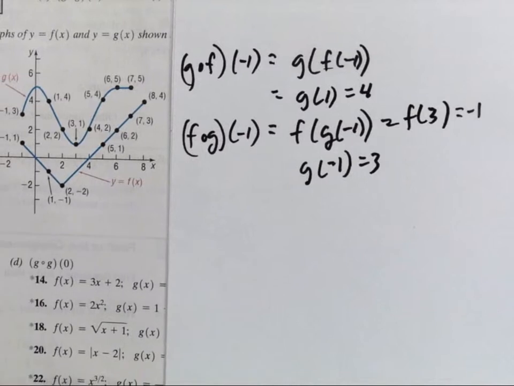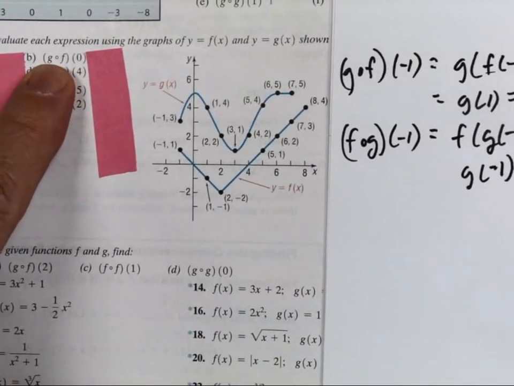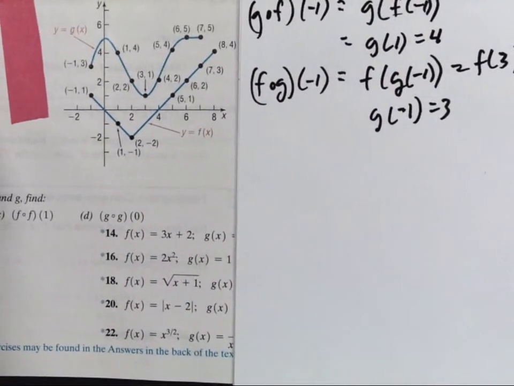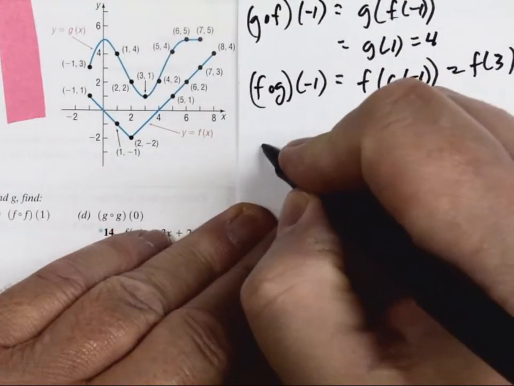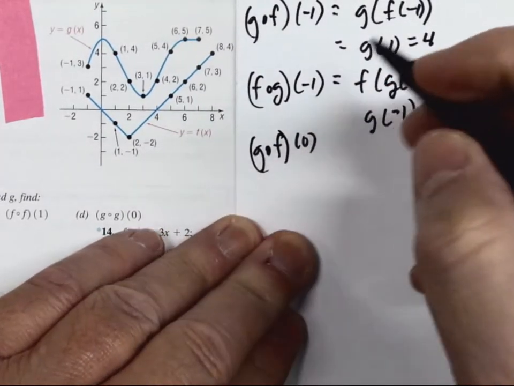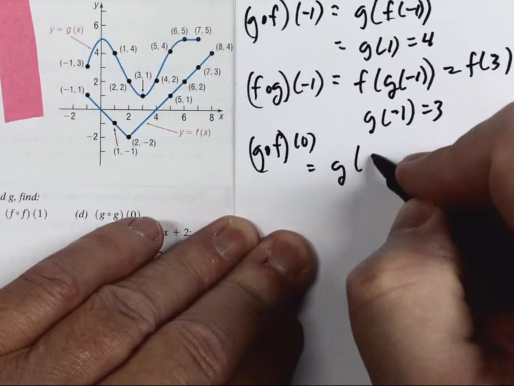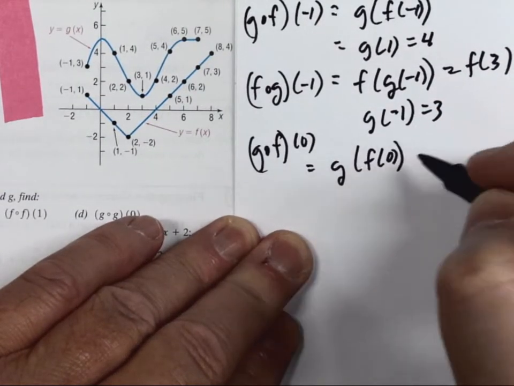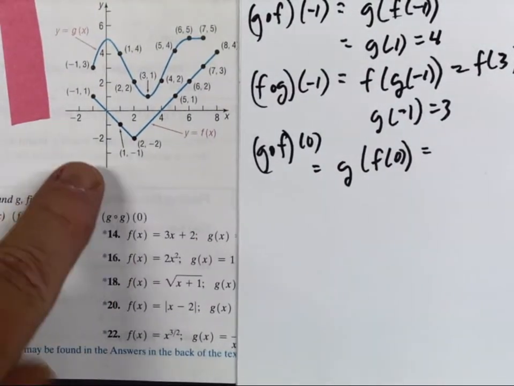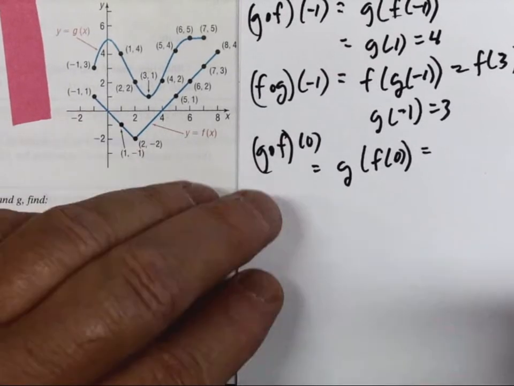Let's do this one, the one labeled B, g composite f of 0, which is g of f of 0. What's f of 0? Well, here's x equals 0, and the f is this one right here, looks like it's 0.